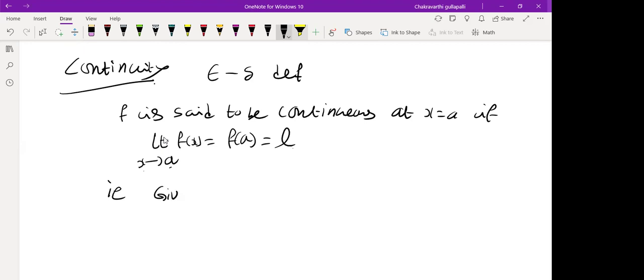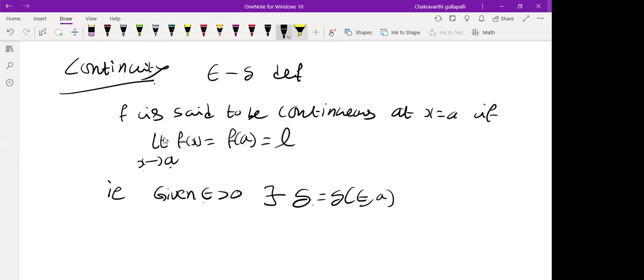Given epsilon greater than 0, there should exist a delta. This delta can depend on epsilon, and it can also depend on a, the point. In the case of continuity, delta is a function of epsilon and a. It may be only epsilon, or it may contain a also. What is a? The point at which you are testing, some constant.